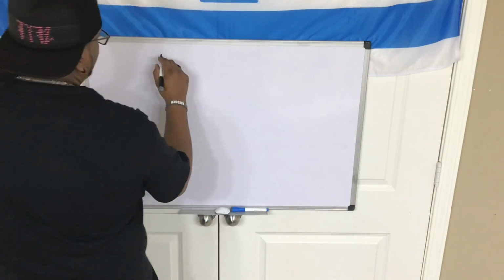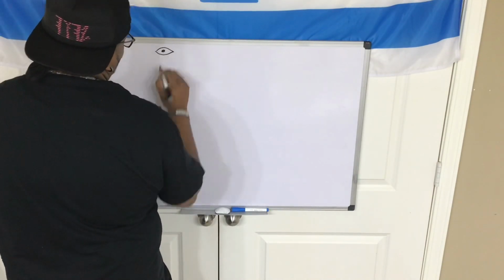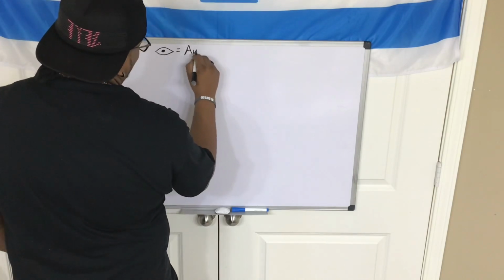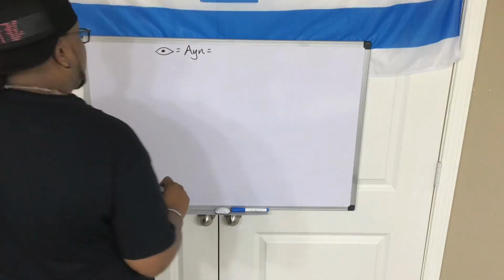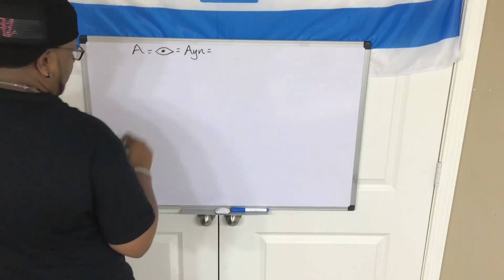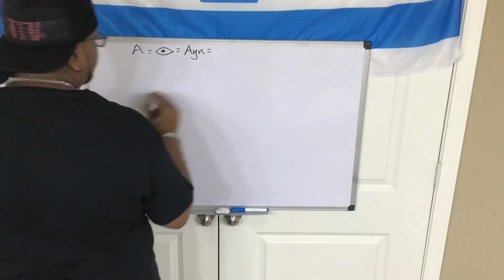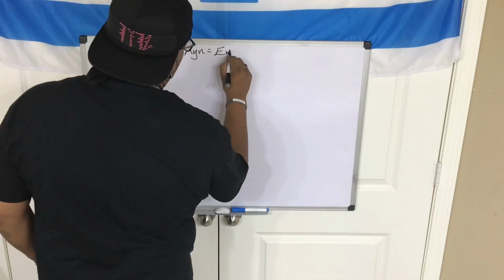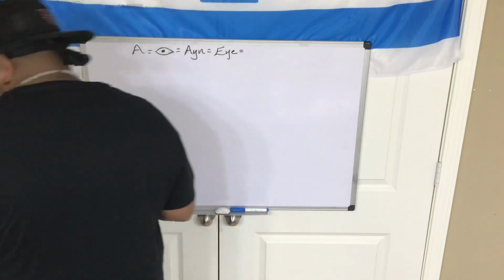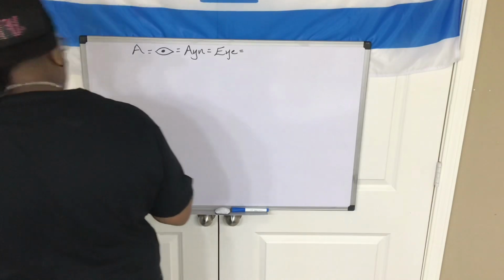The next one we're going to do, look at that. The Ayin, YAHUAH. It represents an A. That's key in knowing the names and things like that we're going to go into. It represents an I. To watch.